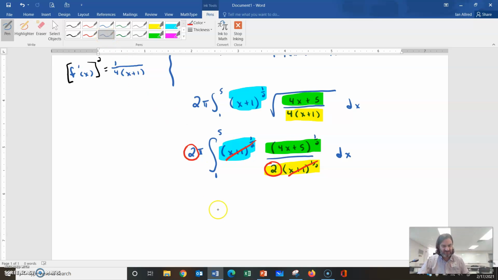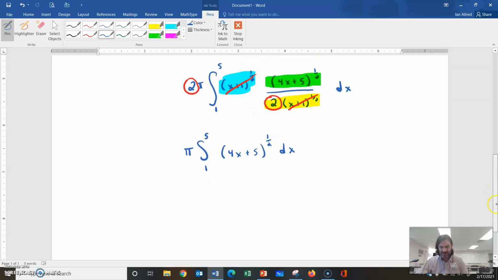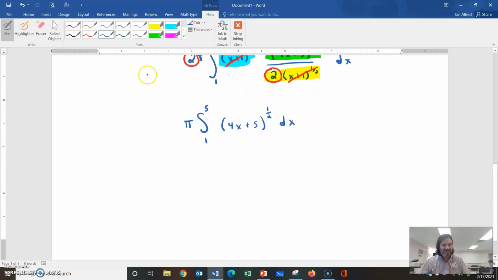Okay. So in that, I'll have pi integral from 1 to 5, and what I'll be left with inside is the square root of 4x plus 5, to the 1/2, dx. So that is pretty simple to work with. It is a u substitution, so just to make sure we don't make any mistakes, let's go ahead and do the u substitution.